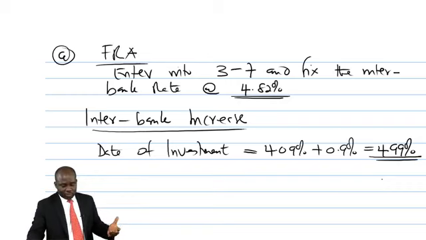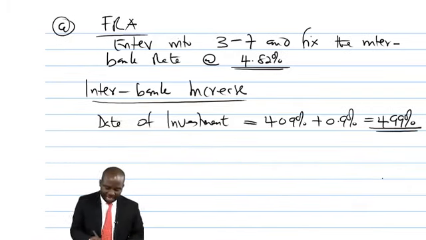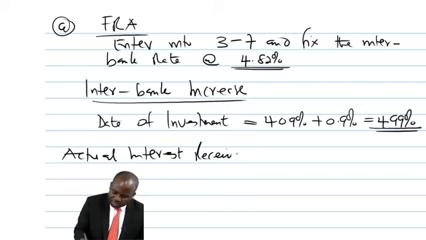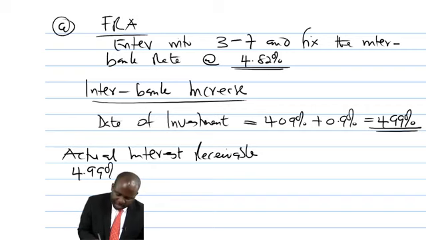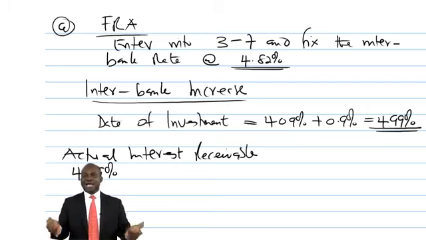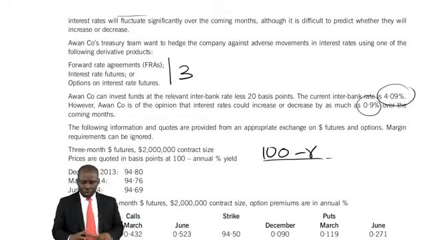Now, just as we did with the swaps, the same thing, we fix it at 4.99. I would have to go and get my actual interest from the market. So actual interest receivable, I will get 4.99, but I don't get the interbank rate. This is between the banks, but I will get that plus or minus my spread. I go and ask the question, what is the rate?